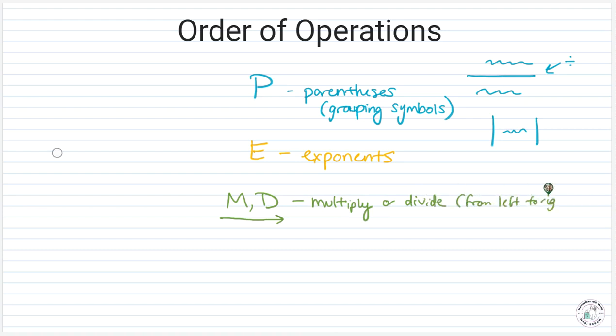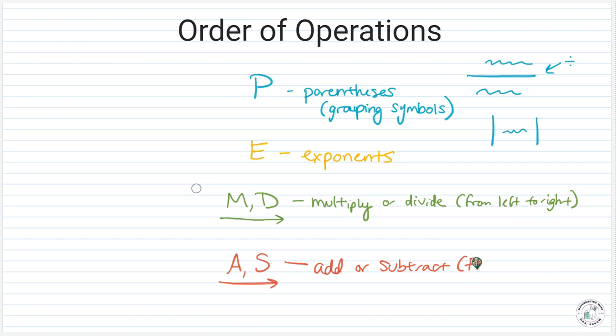And I think that's the piece that some people miss. And that's why we see on the internet a lot, we see these different things where it's like, oh, which one's the true answer? Because people forget about this step, as well as the last one with addition and subtraction, that you have to go from left to right. So addition and subtraction, and again, left to right. So add or subtract, and again, from left to right.